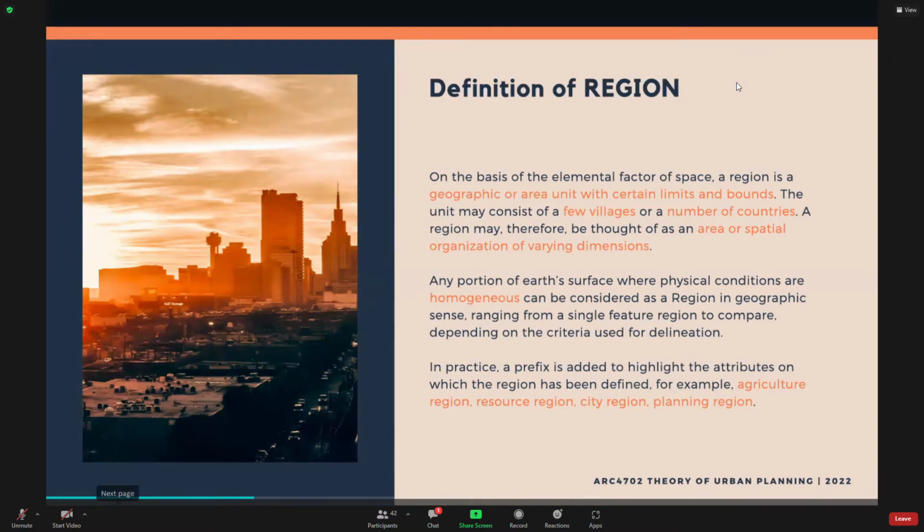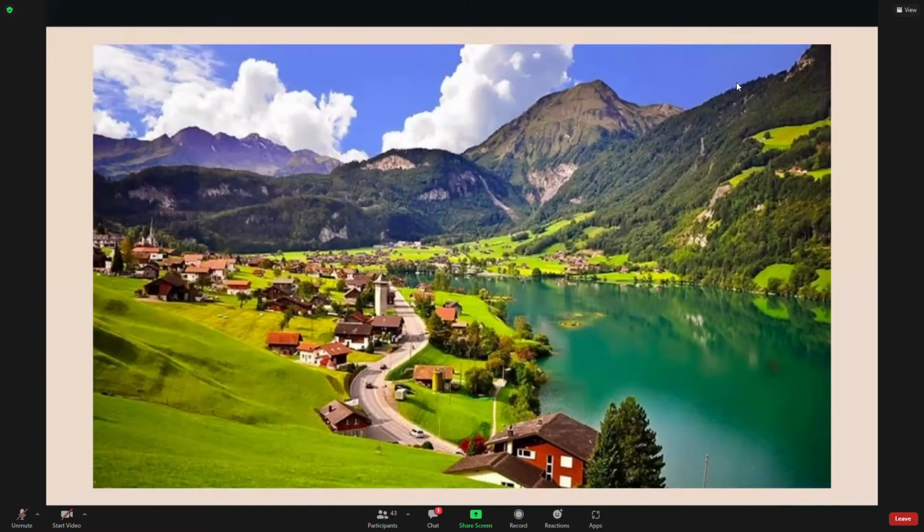Okay, the next. When you look at this area, I intentionally chose this picture because I know most of you are very romantic and want to live in such a place. So when you look at this picture, what do you think of this area? Is this rural? Iskandar says rural. Okay, I think everyone agrees.